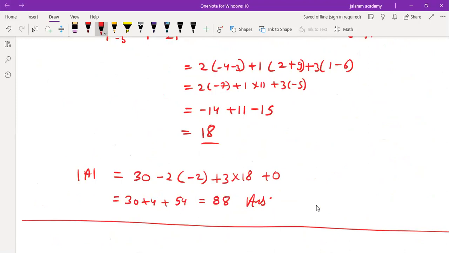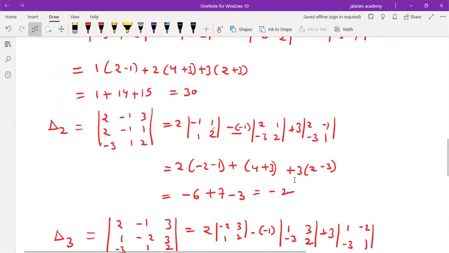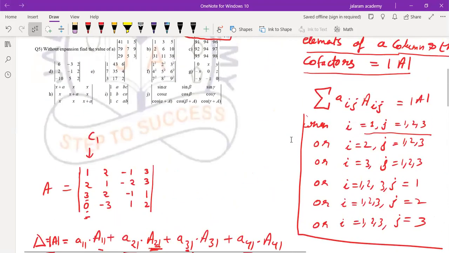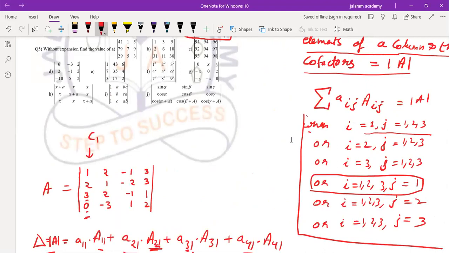Hope you all must have understood this, how to solve the determinant of order 4 cross 4. We have used this property only. In one, I have used this property along the column. So we can expand either along the column or along the row.